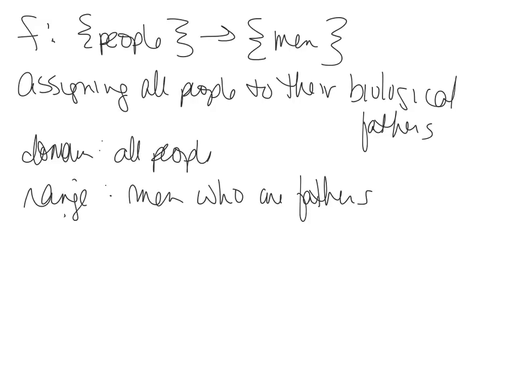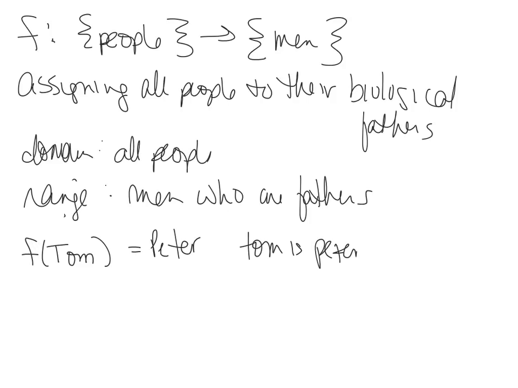Let's try this one. What is the meaning of the function evaluated at Tom equals Peter? That means we're assigning Tom to Peter, so Tom is Peter's son, right? What would it mean to say f of Tom equals Tom?